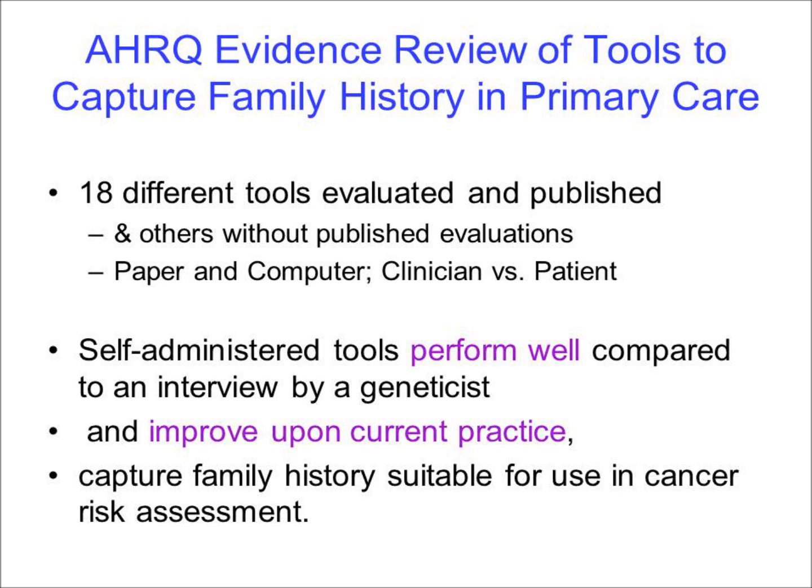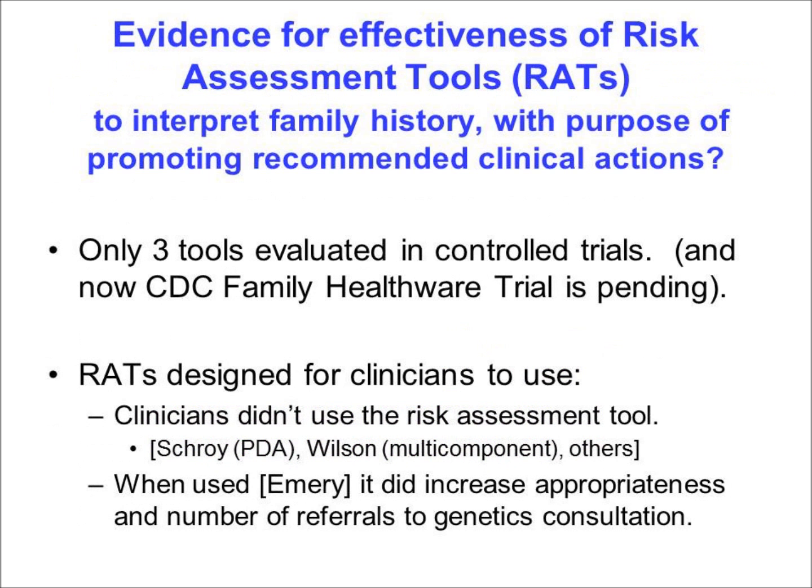But when they came to evaluating the effectiveness of risk assessment tools for promoting clinical actions that would be recommended based on family history, they found a paucity of evidence and found that only 3 of these tools, 18 that they found in the literature, had been evaluated in controlled trials, and knew that another tool, the CDC's Family Healthware tool, was in the process of a clinical trial.